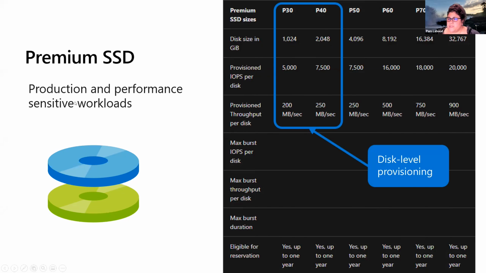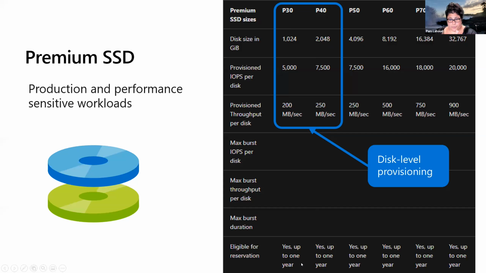Okay, so premium SSD, production and performance sensitive workloads. And we generally recommend P30 and P40 drives. The reason for that is P30 is the smallest drive where you can do storage reservations. So if you reserve storage, you can lower your costs a little bit.